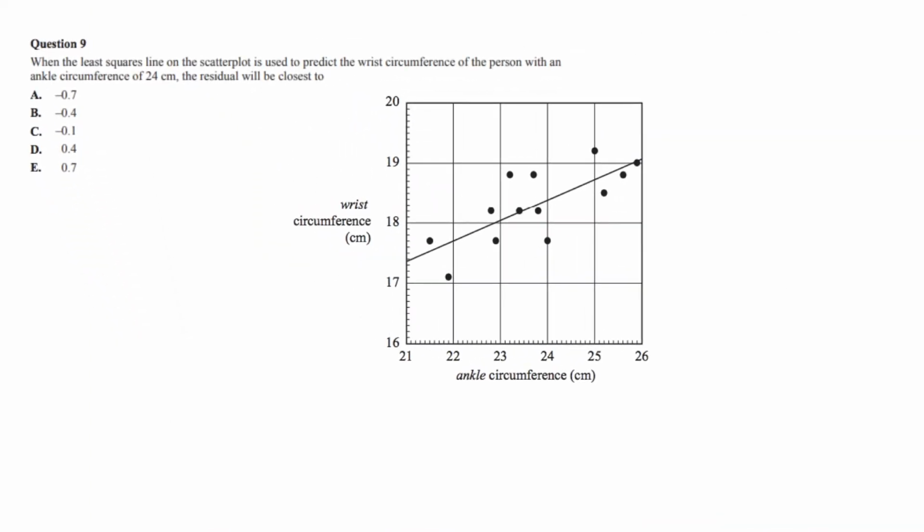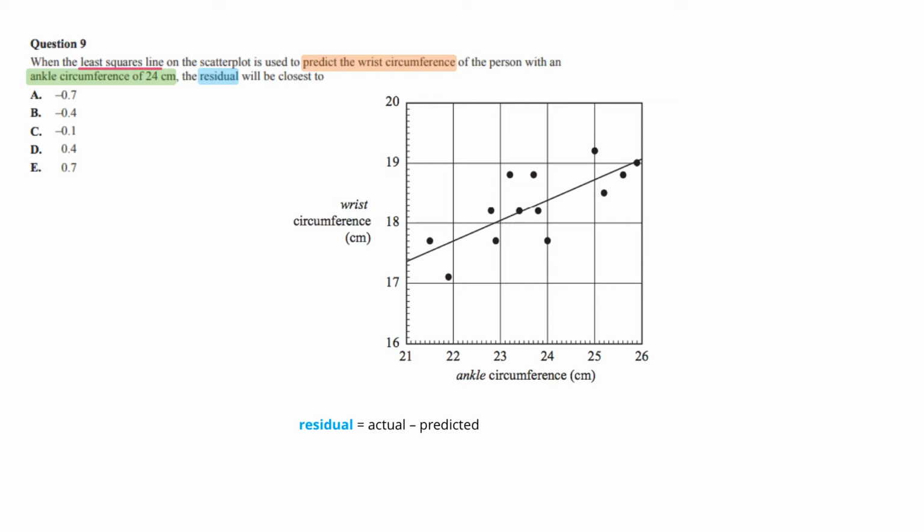In question 9, we are asked to calculate the residual when the least squares line on the scatter plot is used to predict the wrist circumference of the person with an ankle circumference of 24 centimeters. First of all, the residual is equal to the actual value minus the predicted value.